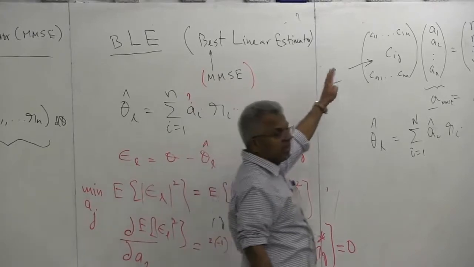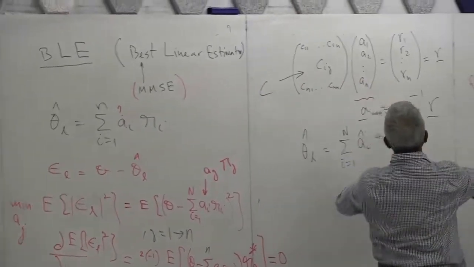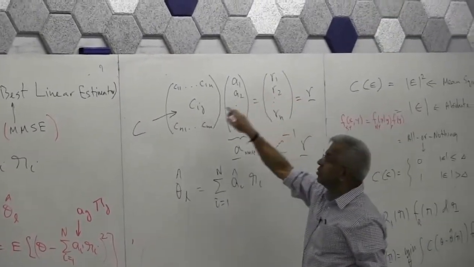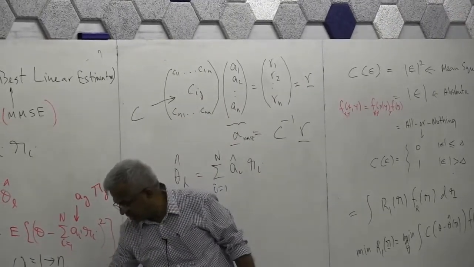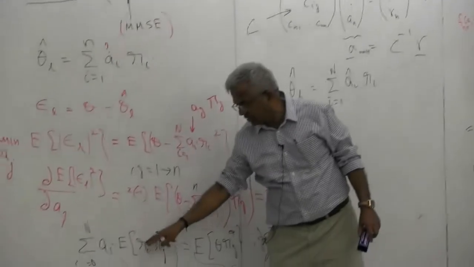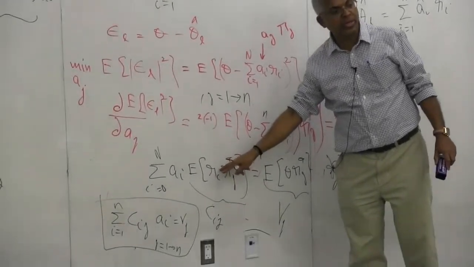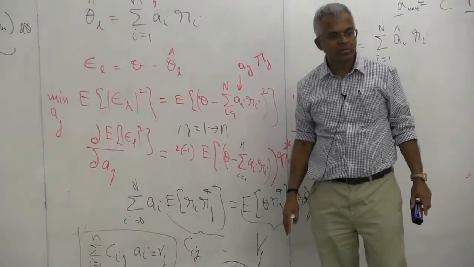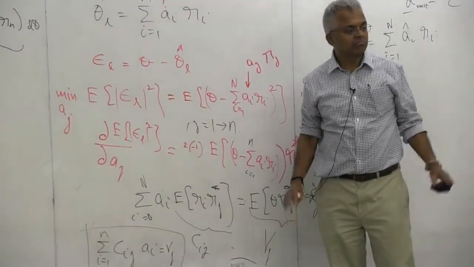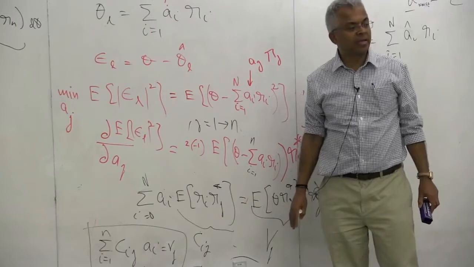I found these a_i's. Where is the data now? You don't see the data. Look at here. If you look into the C_ij's, what is C_ij? It is the expected value, so it depends on the correlation between R_i and R_j. It's a little more involved, and as I said, I'll come to this in a little more detail a bit later.